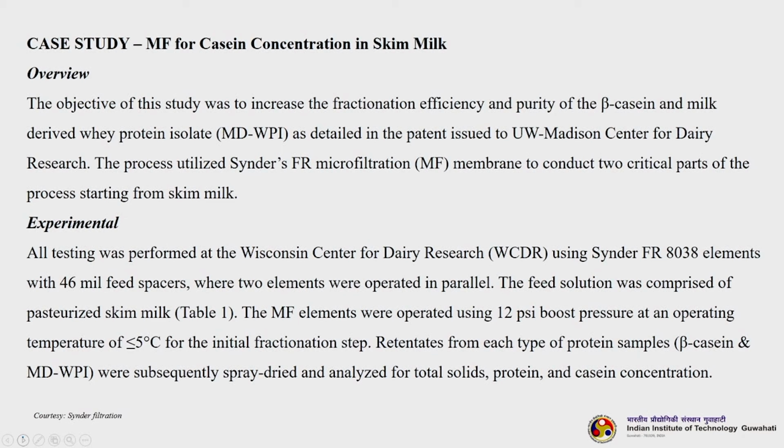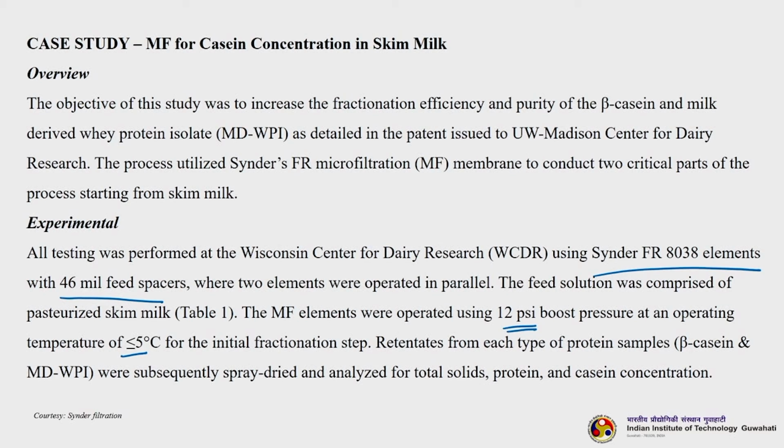All testing was performed at the Wisconsin Center for Dairy Research using Synder FR8038 elements with 46 mil feed spacers, where 2 elements were operated in parallel. So, there are 2 elements or modules. The feed solution was comprised of pasteurized skim milk. The microfiltration elements were operated using 12 psi boost pressure at an operating temperature of less than 5 degrees centigrade.